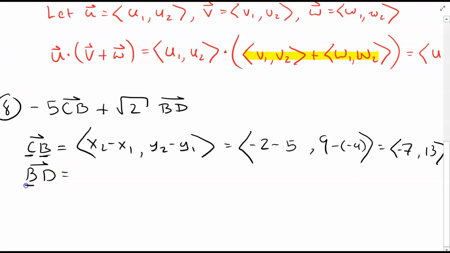So here again, B now, since it's the first letter, is my x1, y1, and D is my x2, y2. So D is negative 1, 6, and B is 5, negative 4.